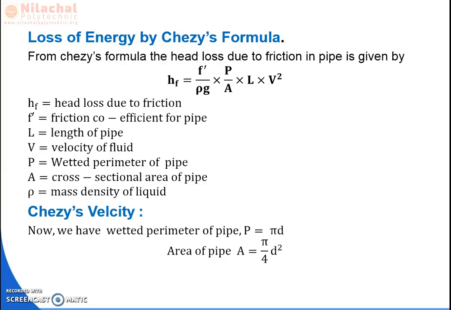Let's come to the other formula, given by Chezy: hf is equal to f dash by rho g into P by A into L into V square, where hf is the loss of head due to friction, f dash is the friction coefficient, rho is the density of the fluid, P is the wetted perimeter of the pipe, A is the cross-section area of the pipe, L is the length of the pipe, and V is the velocity of the fluid inside the pipe.